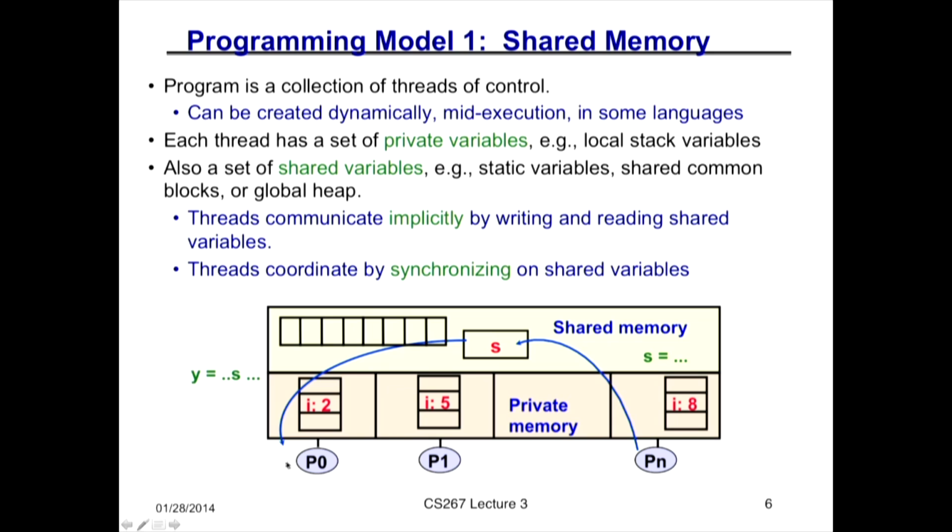When processor 0 says y equals s, it will go off into the shared memory, get the value of s, and bring it back, and it will have a copy here. When processor n says s equals something, it will take its value, whatever is on the right-hand side of the equal sign, and put it into the shared memory. If this line of code goes first and then this line goes second, y will get whatever value was stored over here, but it could happen in a different order, right? Getting the order right is one of the things we'll worry about.